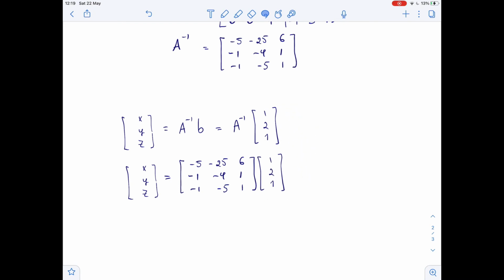It's not stated in the problem that we need to solve this, but in case you need to, you just need to do the multiplication of these two matrices, and you will get the answers, the solutions of your system of equations.